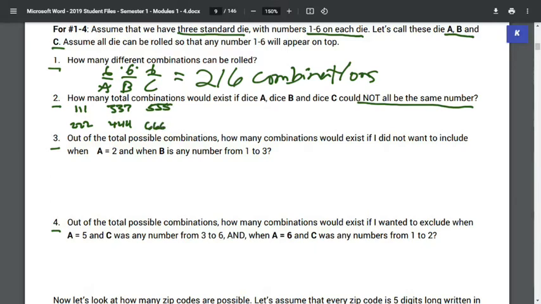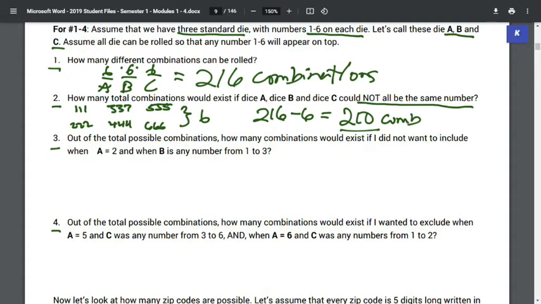So this is a total of 6 cases where they can't be the same number. So that's 6 times where that could happen. If that's the case, we're going to take our 216 and subtract out each of these 6 scenarios. So 210 combinations would work with that restriction.